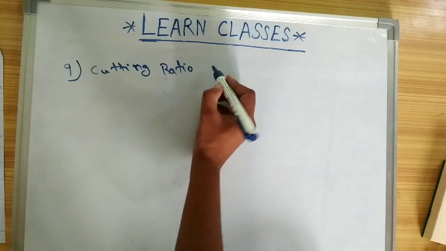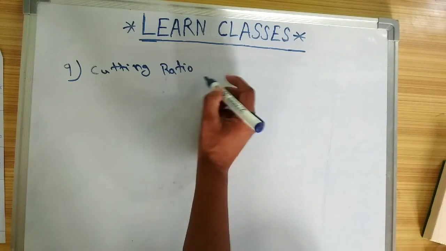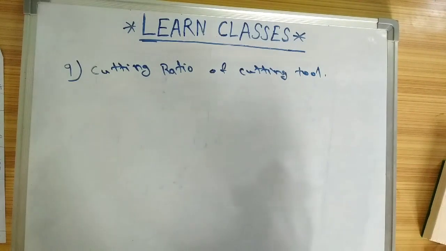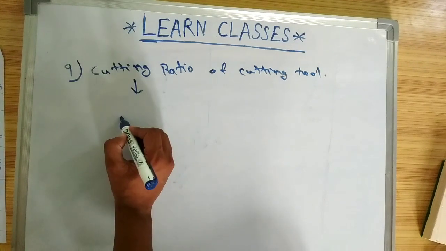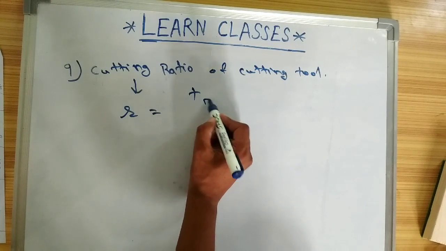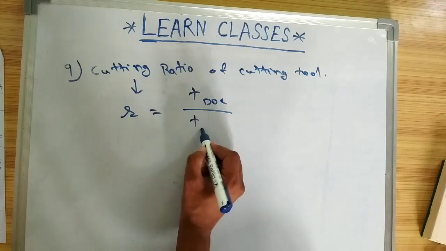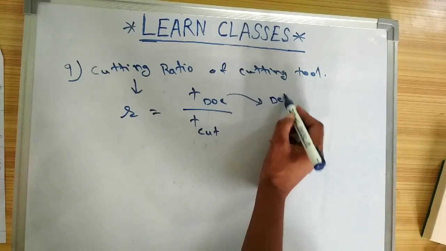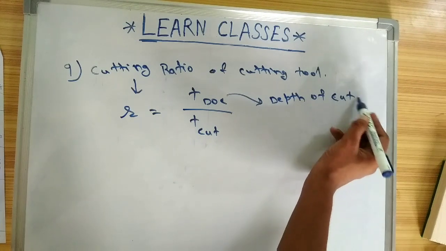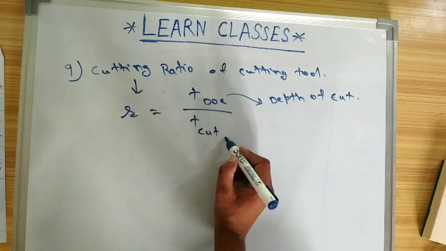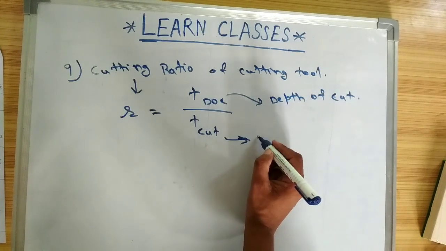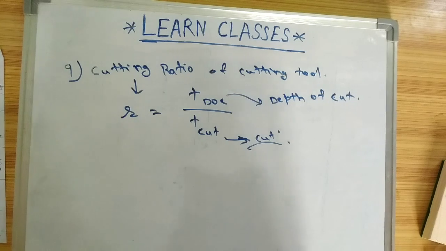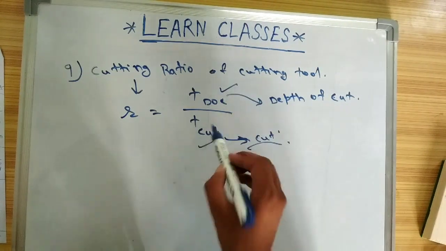Cutting ratio of the cutting tool is denoted by R and is equal to T DOC by T cut, where DOC is the depth of cut and T cut is the chip thickness.